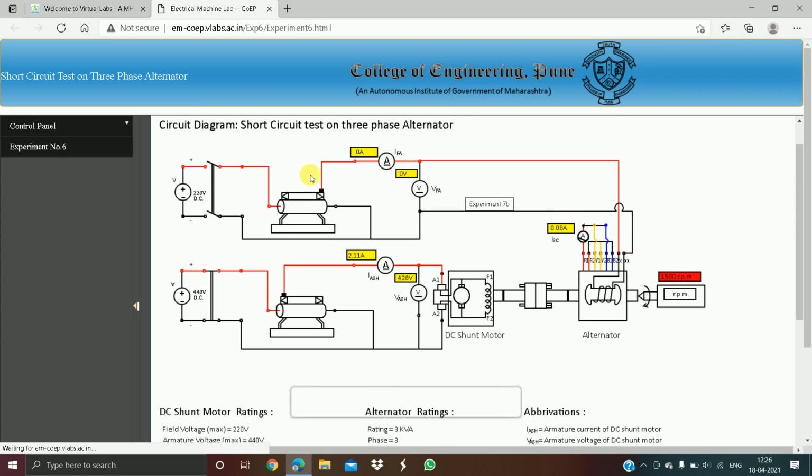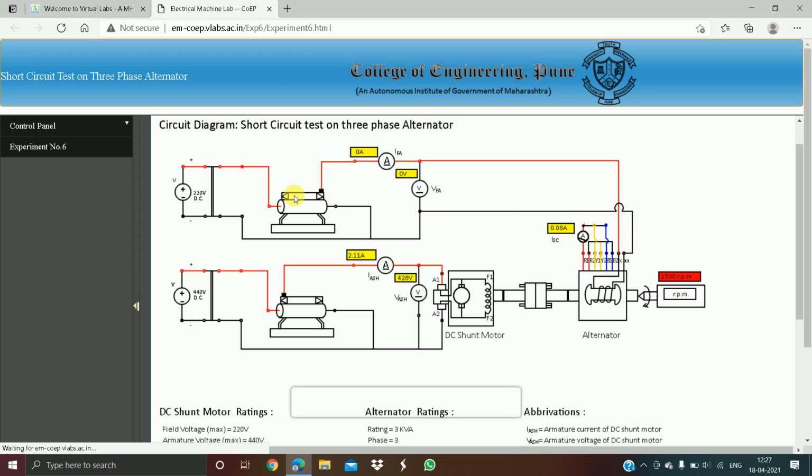After this, close the DPST switch of the field excitation system, and you can see the field winding current and the voltage are 0, and the output of the alternator is also 0.